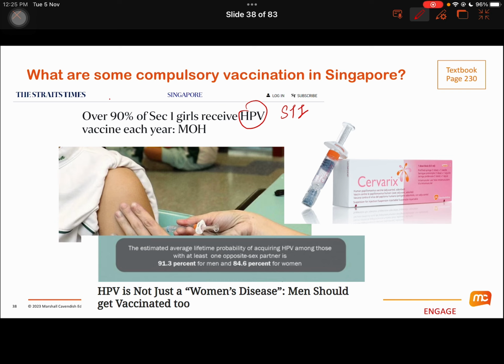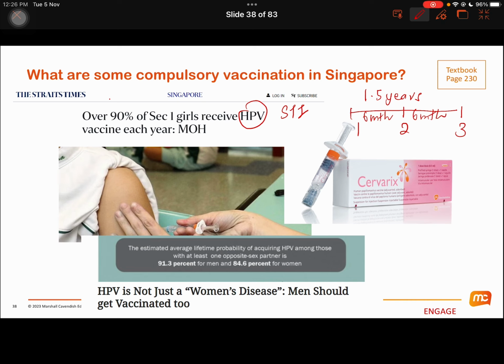The second and third jabs have to be taken outside of school at a subsidized rate. These 3 jabs must be done across a period of 1.5 years. If I recall correctly, I've taken this on my own as well. There are 6-month intervals between the jabs.